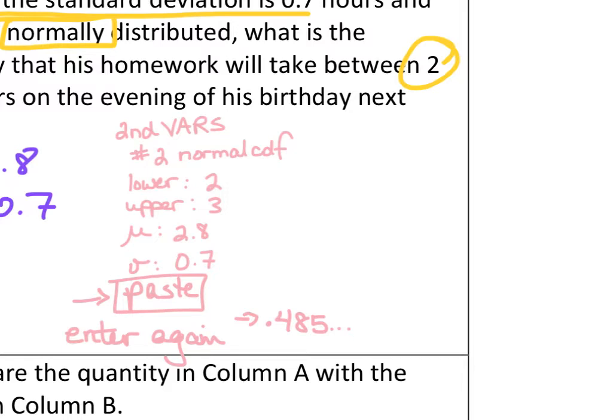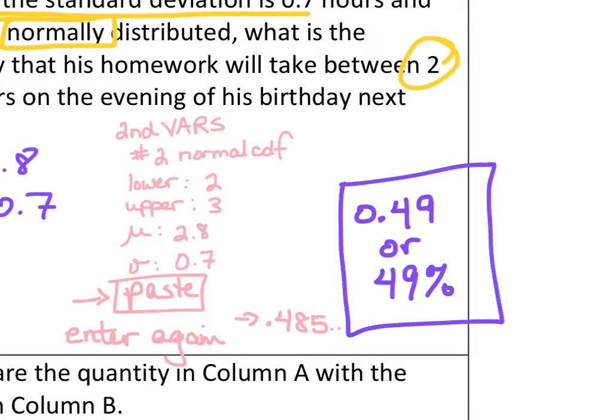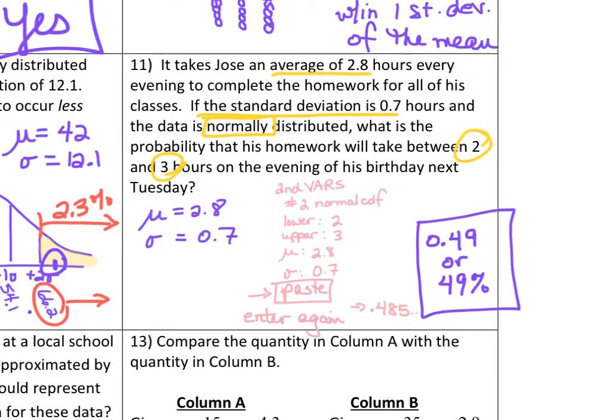Well, you can give it as a decimal. So your answer here can be either 0.49 or 49%. And I'll accept either of those answers.